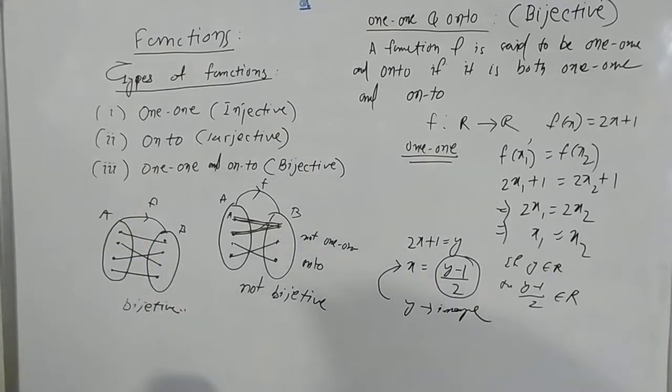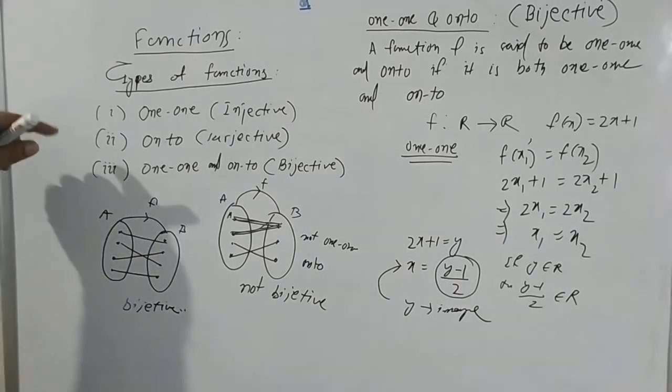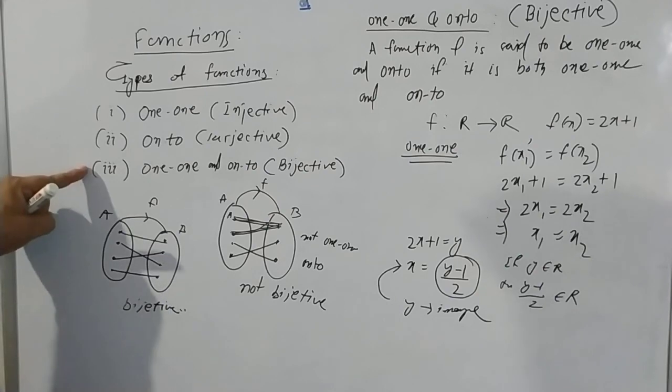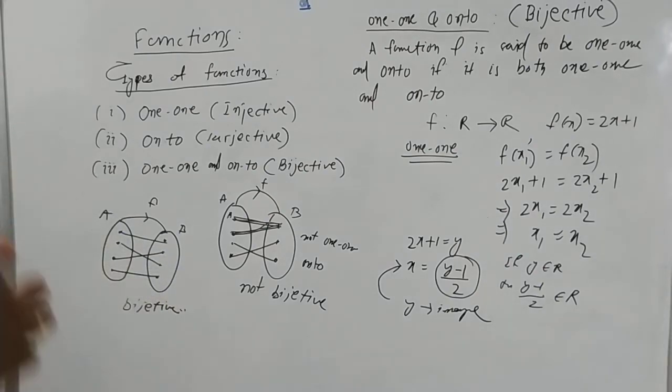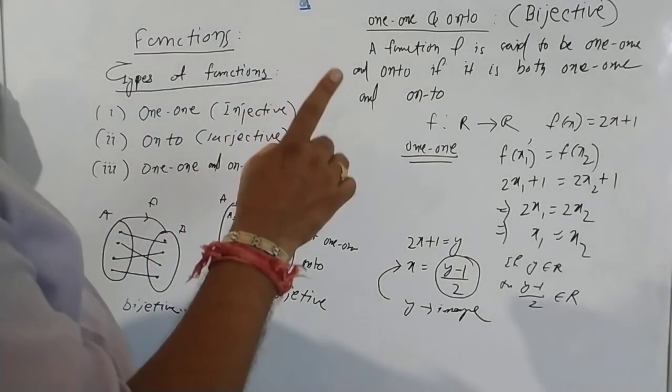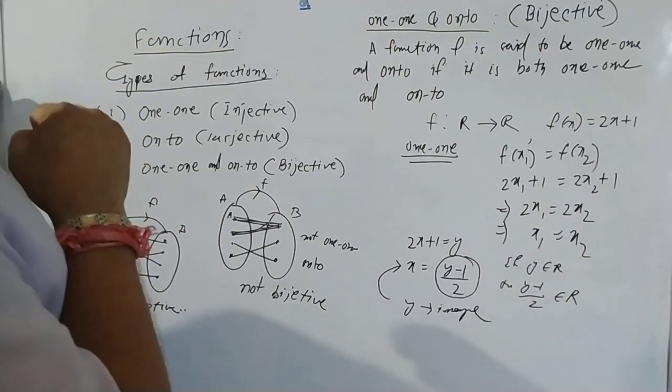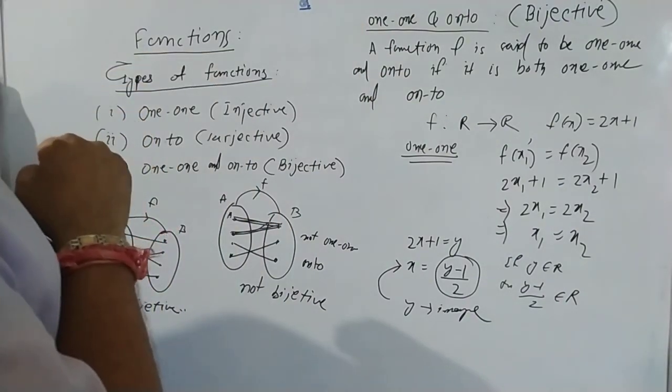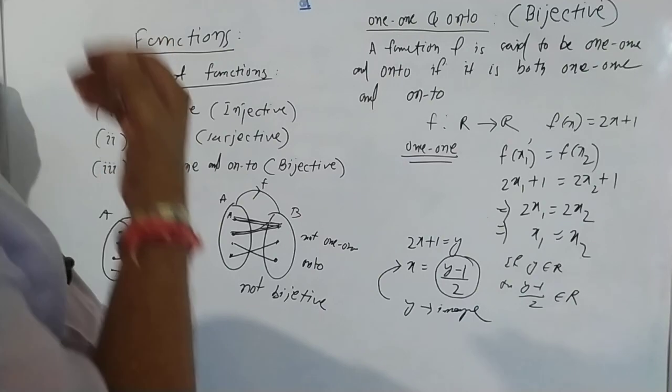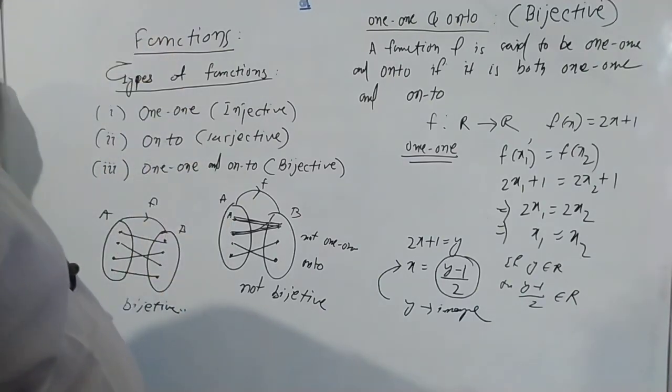So this is all about the types of function: 1 1, onto, 1 1 and onto. Now always you have to check, a function will be given, and it will be asked to find out whether it is 1 1 or onto, surjective or injective or bijective.